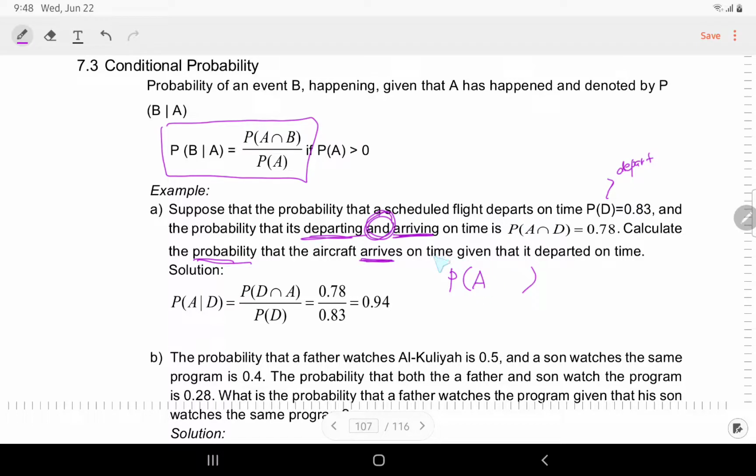Arrive on time given that, so dia ada palang kat sini, given that it depart on time, D. So kita nak cari P(A|D), yang ni lah. So using this formula, so kita akan dapat P(D intersect A) divide by P(D). So given that P(D intersect A) equals 0.78 right here, so we need to divide it with 0.83. So the answer is 0.94.